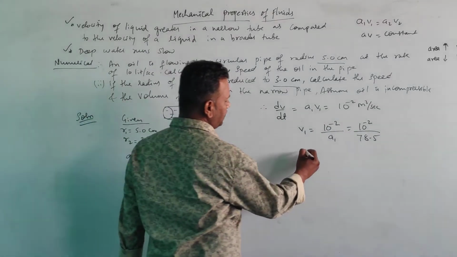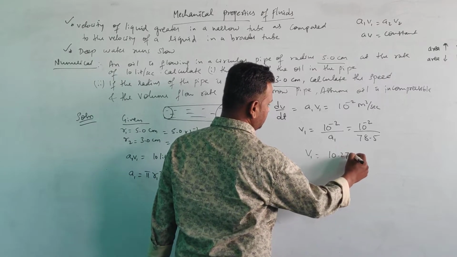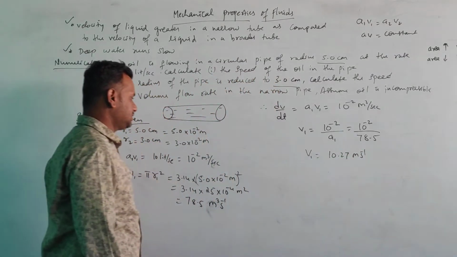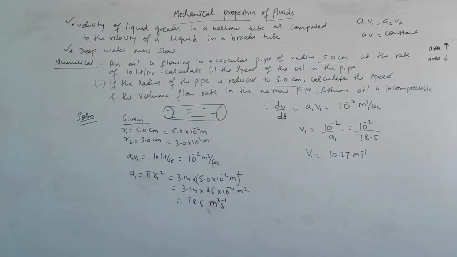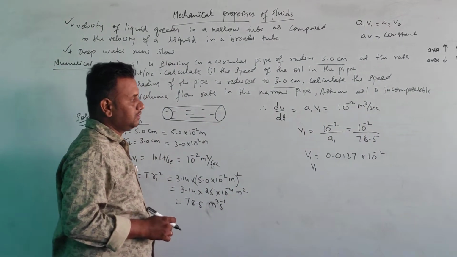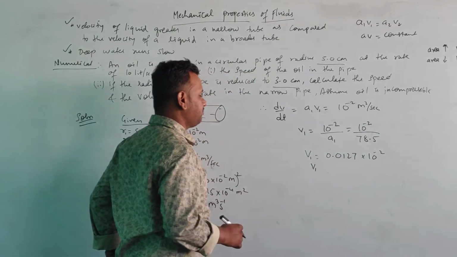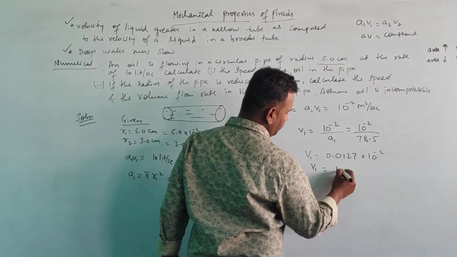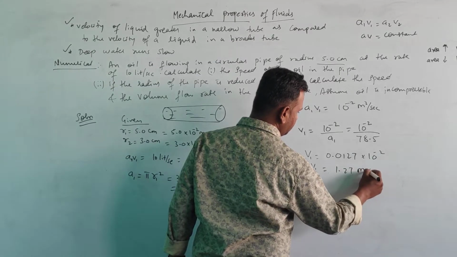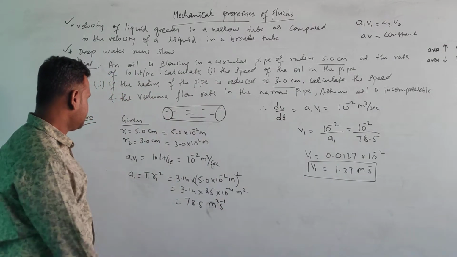After dividing, you will be getting 1.27 meter per second, which is the speed of the oil in the pipe.